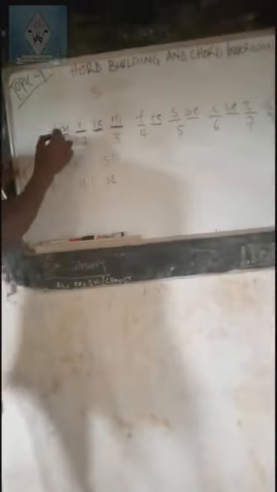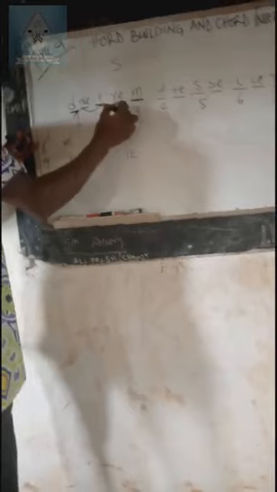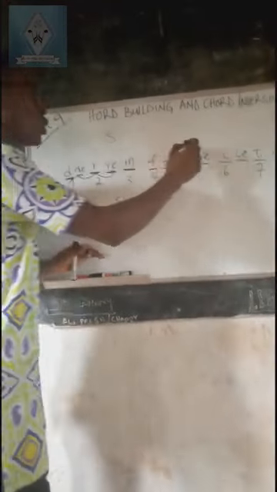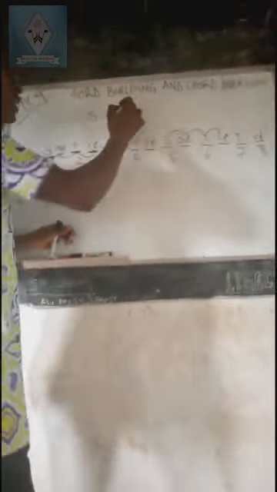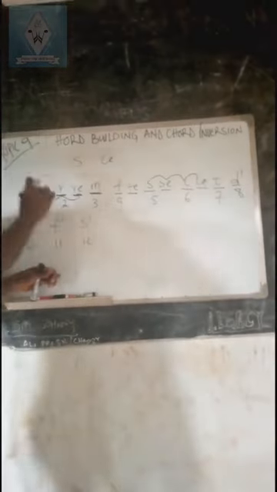If I'm looking for a minor third, it is 3 semitones from the root. 1, 2, 3. So I'll count 3 semitones from So. 1, 2, 3. That is my minor third from So as the root.